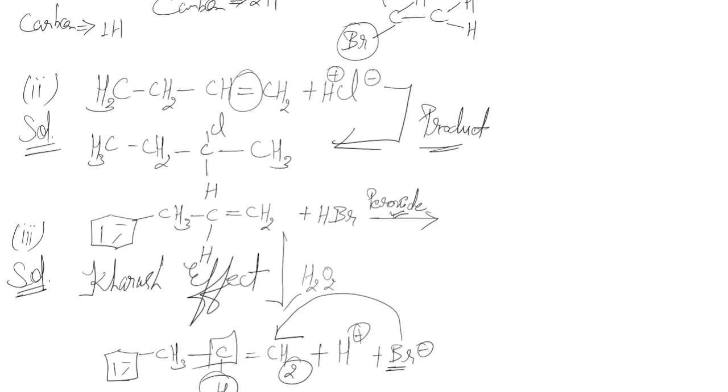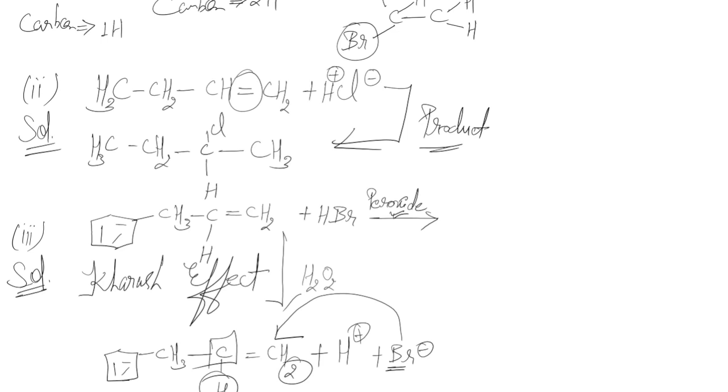Now I am writing the product. This will be the phenyl ring, the benzene ring, CH3, then CH, then CH2, and then bromine will be there, with the hydrogen valencies completed.